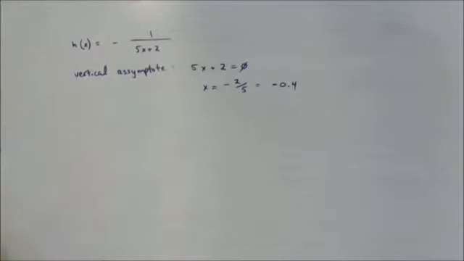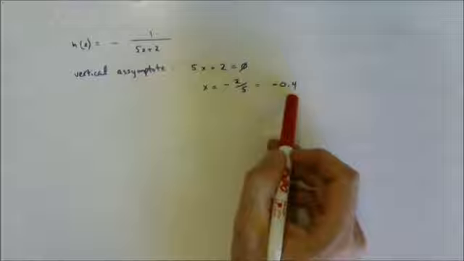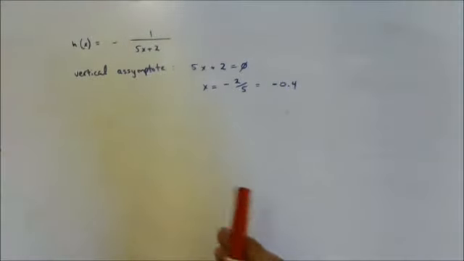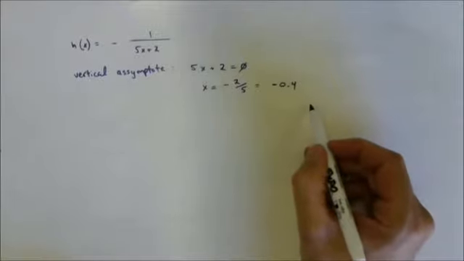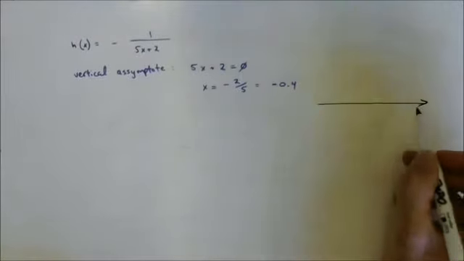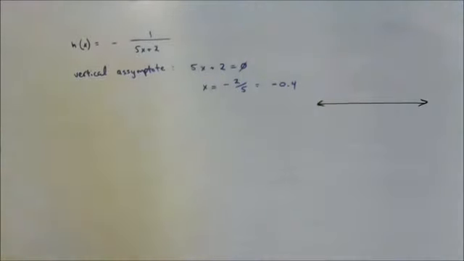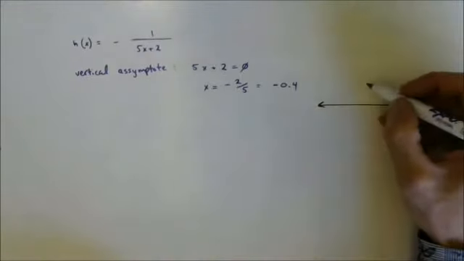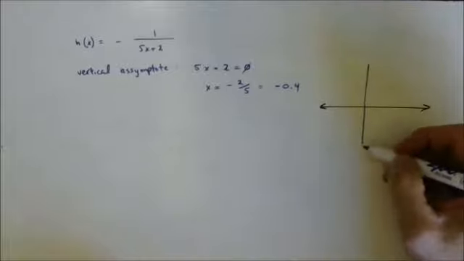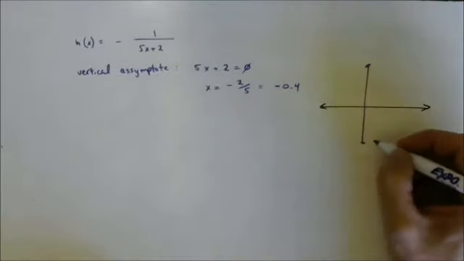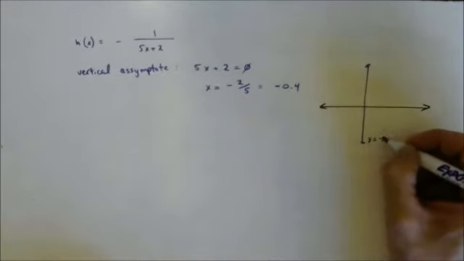Now, in order to determine the slope and the change in the slope, we're going to pick a couple of points to the left of our asymptote and a couple of points to the right of our asymptote. So if I'm just thinking about the number line, if we don't know anything else about the graph of this function, we at least know that we have a vertical asymptote here at x equals -0.4.